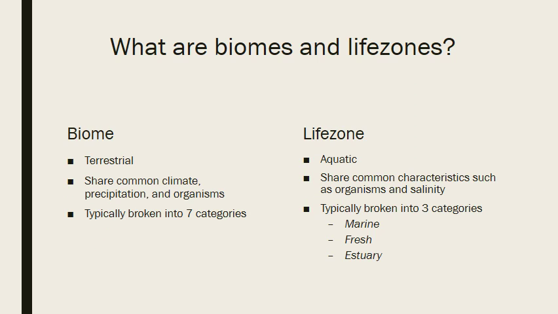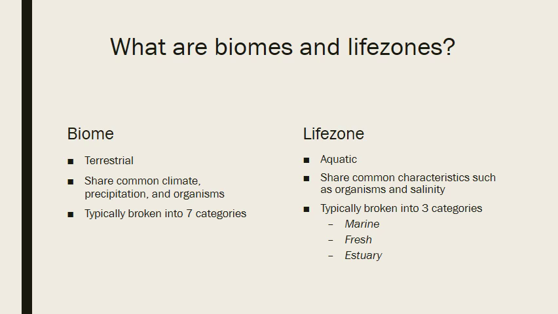So when we talk about biomes and life zones, we have to separate them out because biomes are terrestrial designations, life zones are aquatic designations. So with a biome, we're going to look specifically for shared climate, precipitation, and organisms. And we're typically going to break those into about 7 categories.